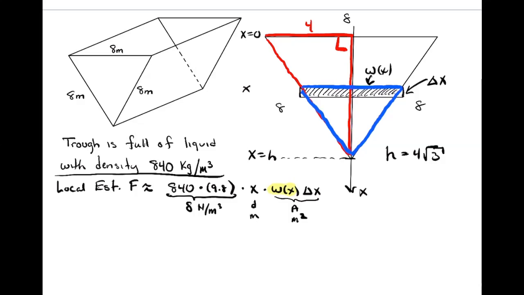Well, on my x number line, this lowest point is 4 root 3 and this upper point is at x, the variable x. So this height is 4 root 3 take away x.